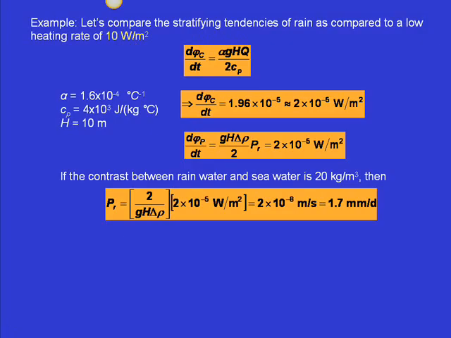As you see, the precipitation rate in some cases may enhance stratification, direct precipitation, not indirect through helping the discharge of the rivers, but just direct precipitation on the water. That's something that we have completely ignored, and probably we need to think about it sometime when there's a lot of rain.